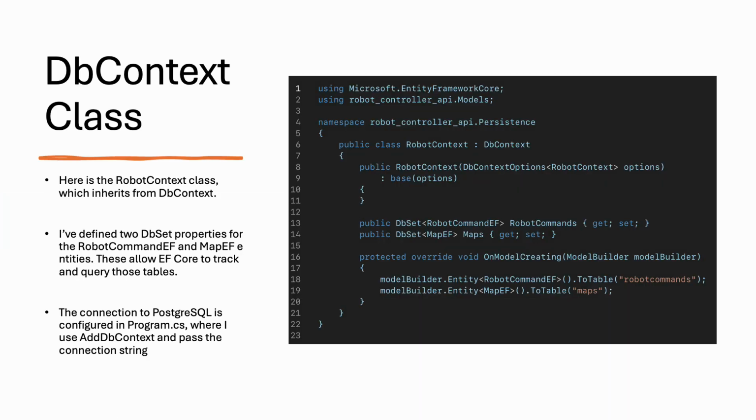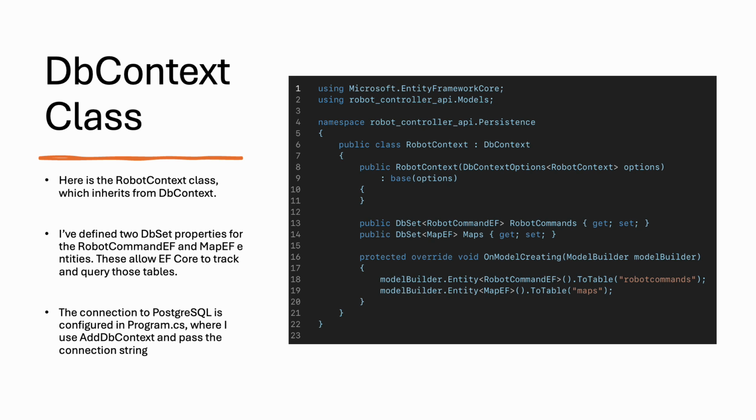So now let's move to the DbContext class. Here on the right-hand side is the RobotContext class, which inherits from the DbContext. As we can see, it is the public class RobotContext, which inherits from the DbContext class.